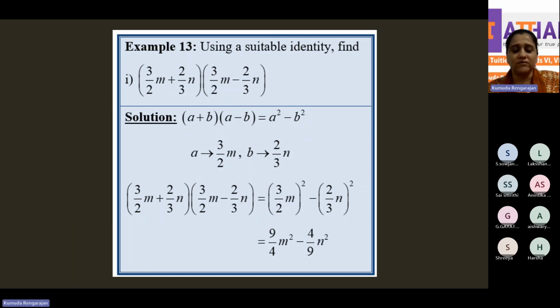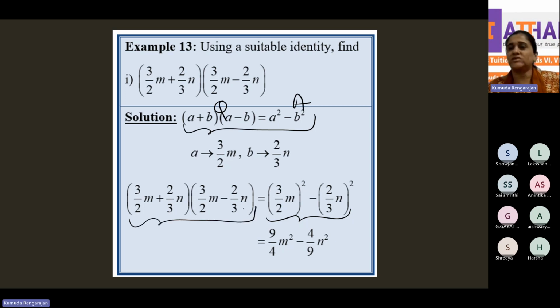Please understand that we are writing this using the identity. This is the identity where the question is like this, so the answer will be like this. This is the given question, which looks like (a + b) into (a − b), so the answer is a square minus b square. But you should not write just a square. What is a in the given question? This one. What is b in the given question?